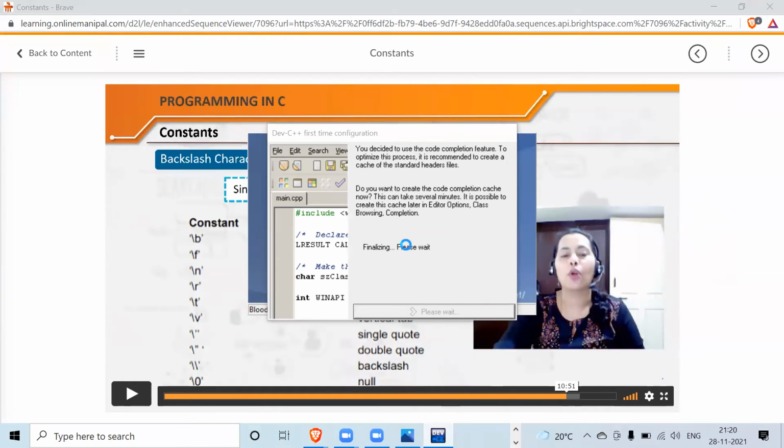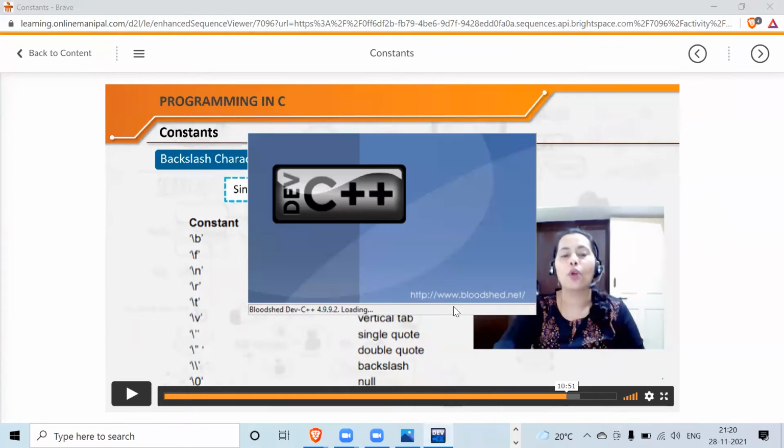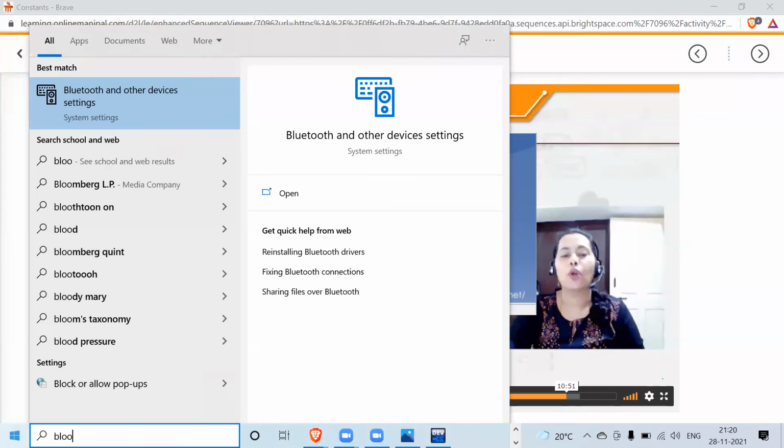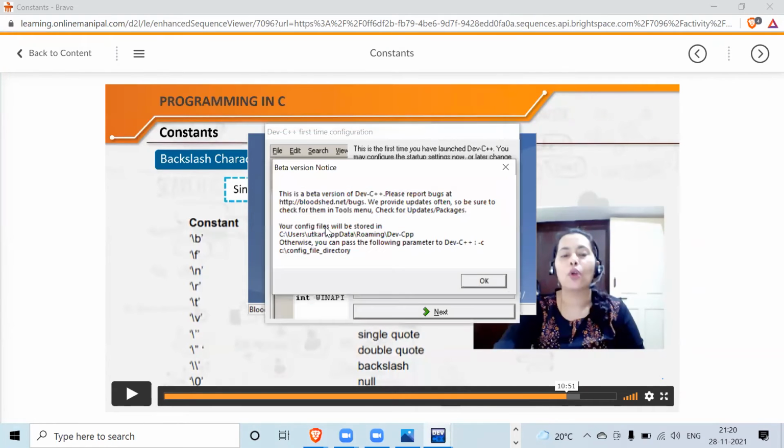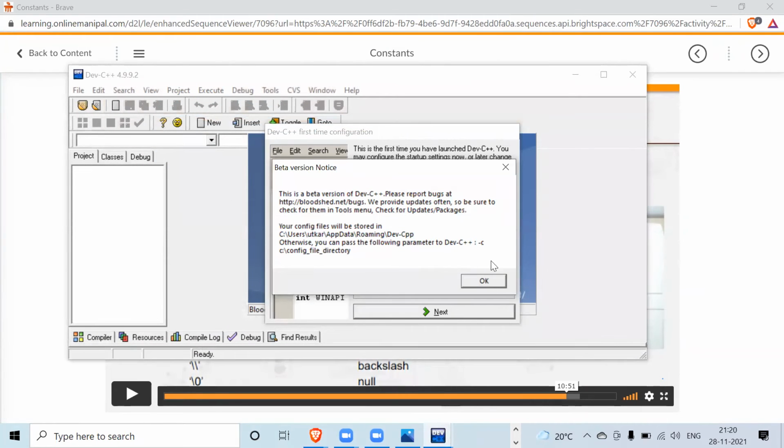If this opened, I would have just shown you. I don't know why. I think it's open now.